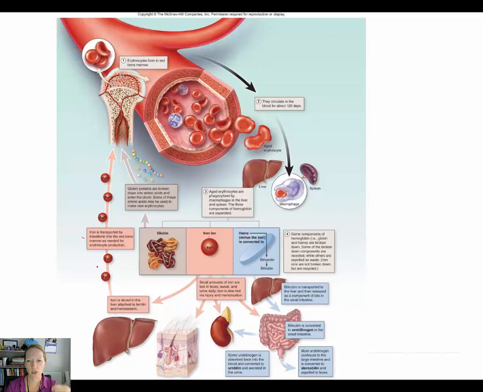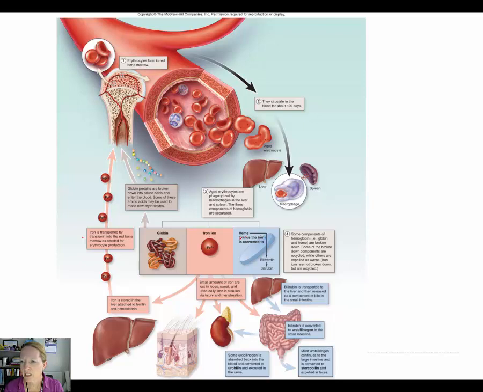Once it's hooked onto transferrin, it can go over to the liver and be stored there as ferritin. And it can also be transported to the red bone marrow so it can be reused again. That's another great thing.